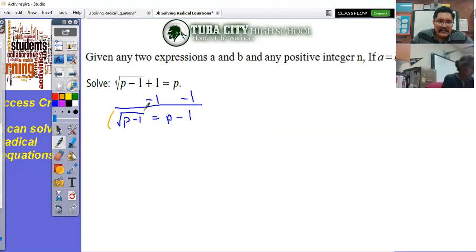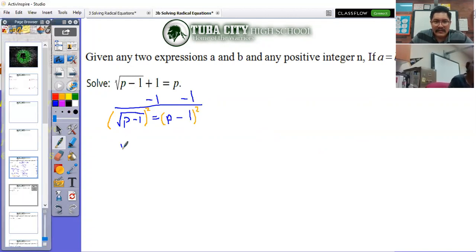Okay, so I'm going to square both sides just like we've been doing. And if you square a root, it goes away, it's gone. So now I only have p minus 1. But here is something different.